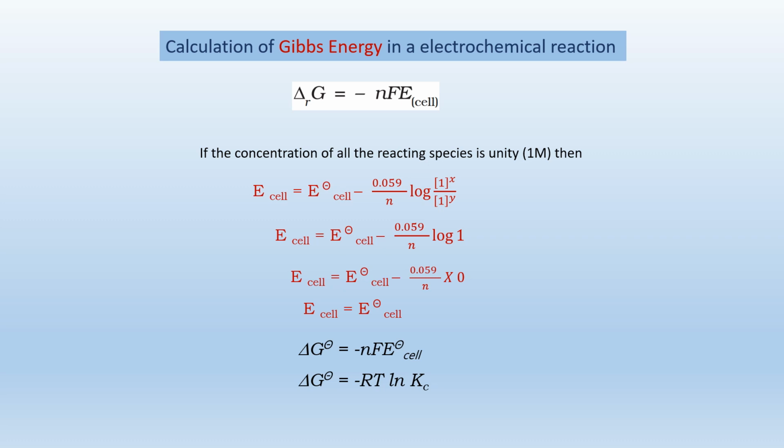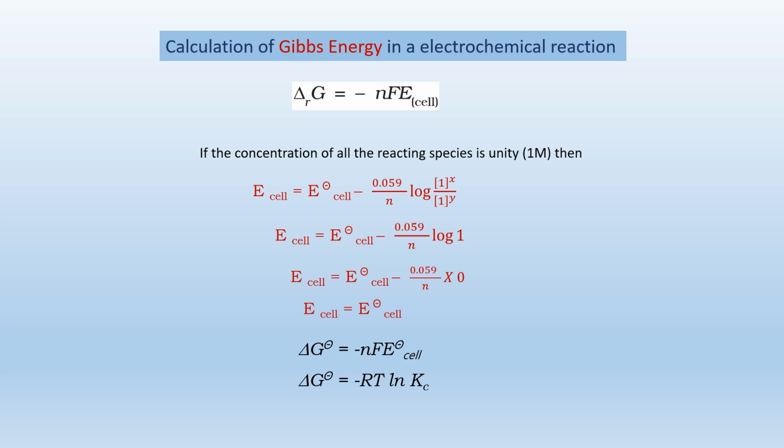Substitute the value of E naught cell in the above equation, you will get the standard Gibbs free energy for a reaction. So delta G is equal to minus nF E naught cell, and it will be equal to minus RT ln Kc.